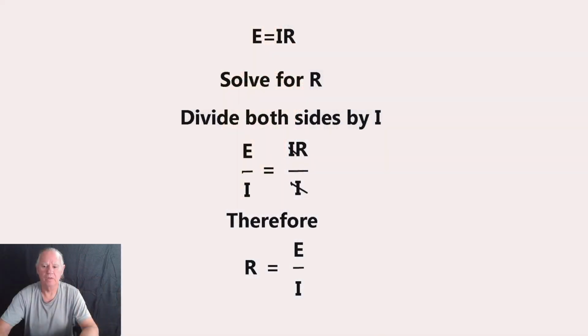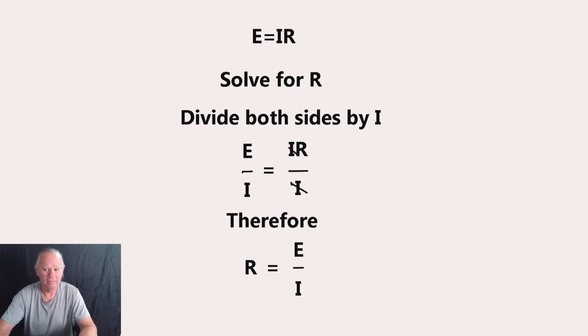So the way we would solve this particular problem is we would start with the formula E equals I times R. And we're trying to solve for R. That's the thing we don't know. But we do know voltage and we do know current. So we will start by dividing both sides by I, which is the current, because we've got to get the R by itself.